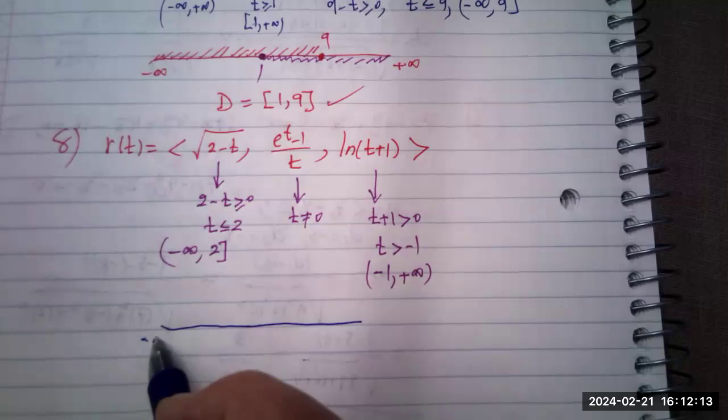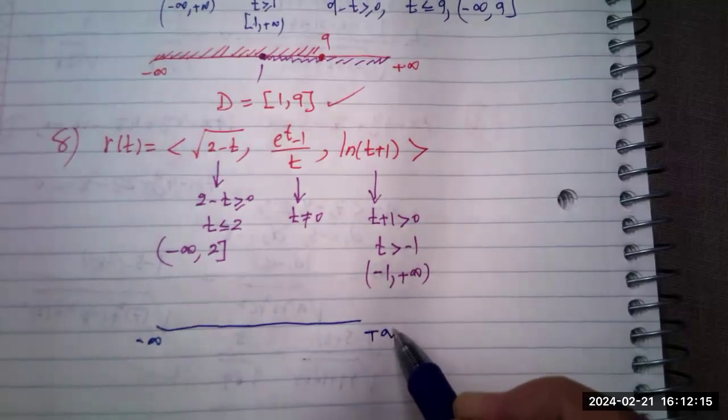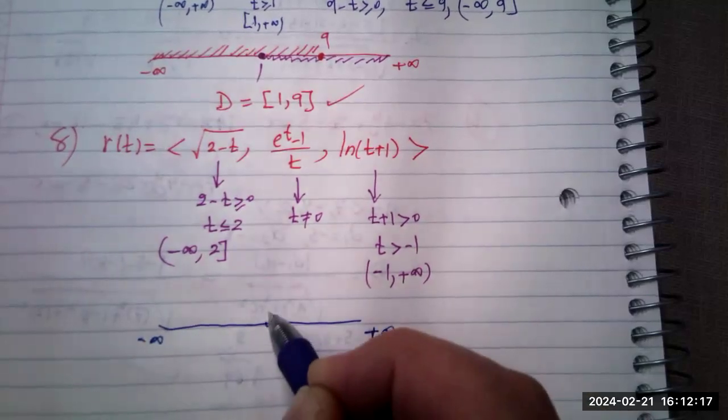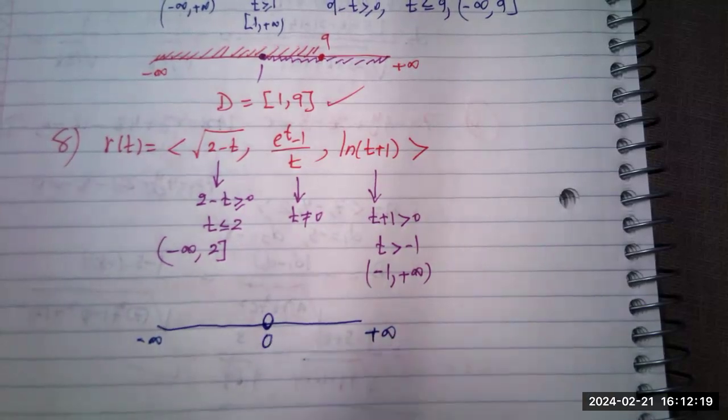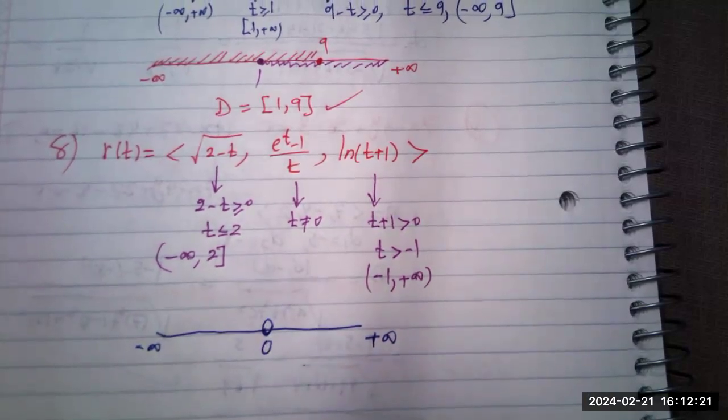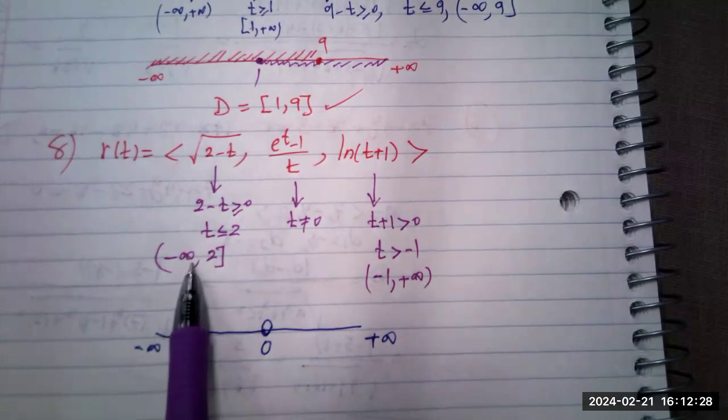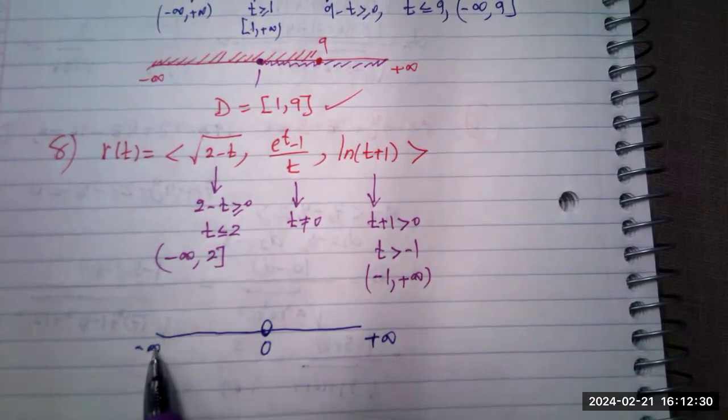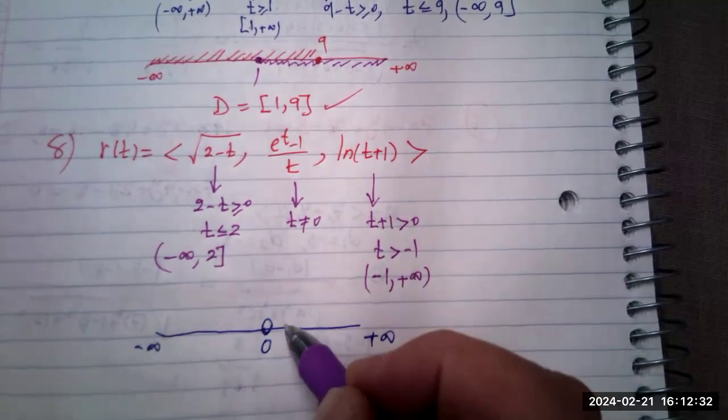So it's negative infinity to positive infinity, and this is 0. We're going to take the 0 out because t cannot be equal to 0. Now you have negative infinity to positive 2. This is negative infinity, positive 2, 1, 2.